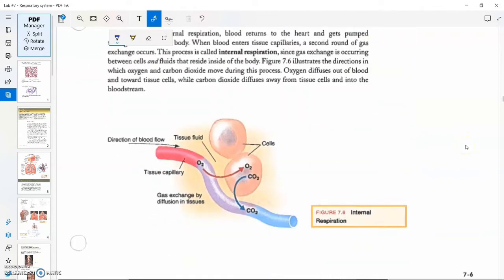In the tissues, during internal respiration, oxygen diffuses from the blood to the cells of the body, while carbon dioxide produced during cellular metabolism diffuses from the cells into the systemic capillaries and is taken away to the right side of the heart, and eventually to the lungs to be exhaled.